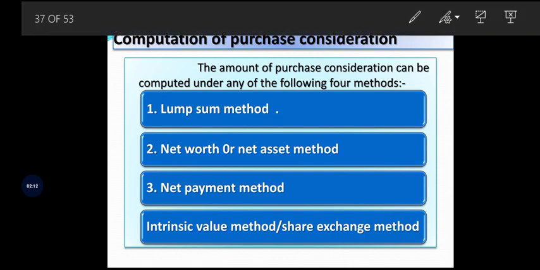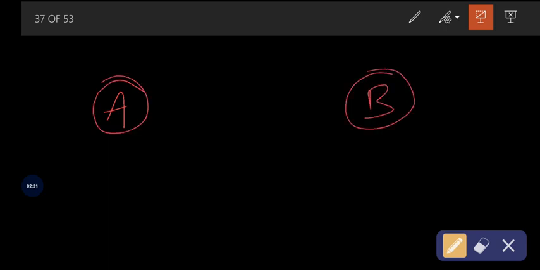See, purchase consideration is nothing but, for example, A and B companies are the transferor companies and C is the new company, that is a transferee company. For example, assume A company and there is a B company. B company acquires the assets or takes over the assets and liabilities from A company.